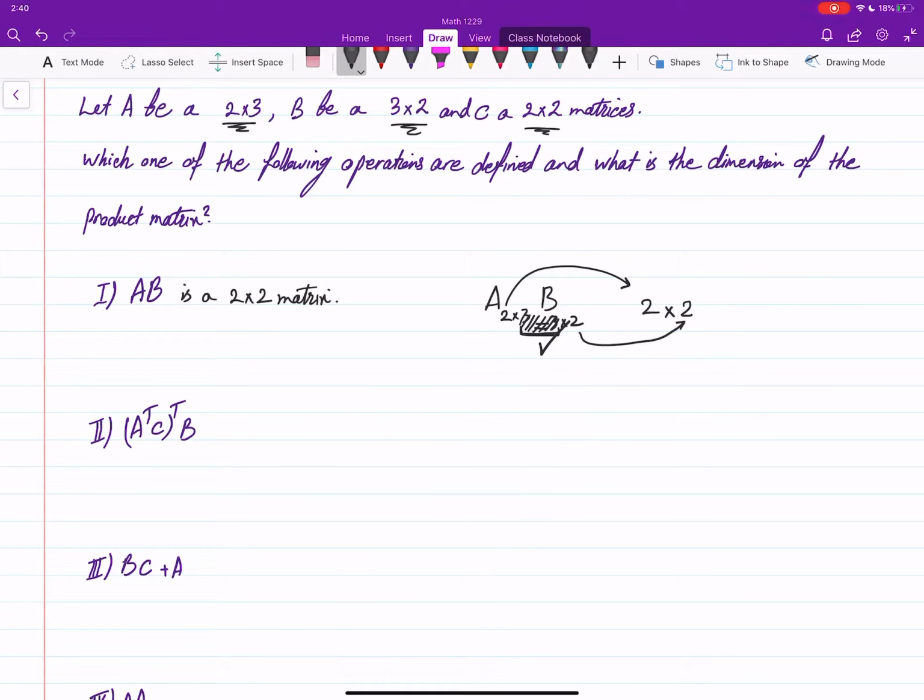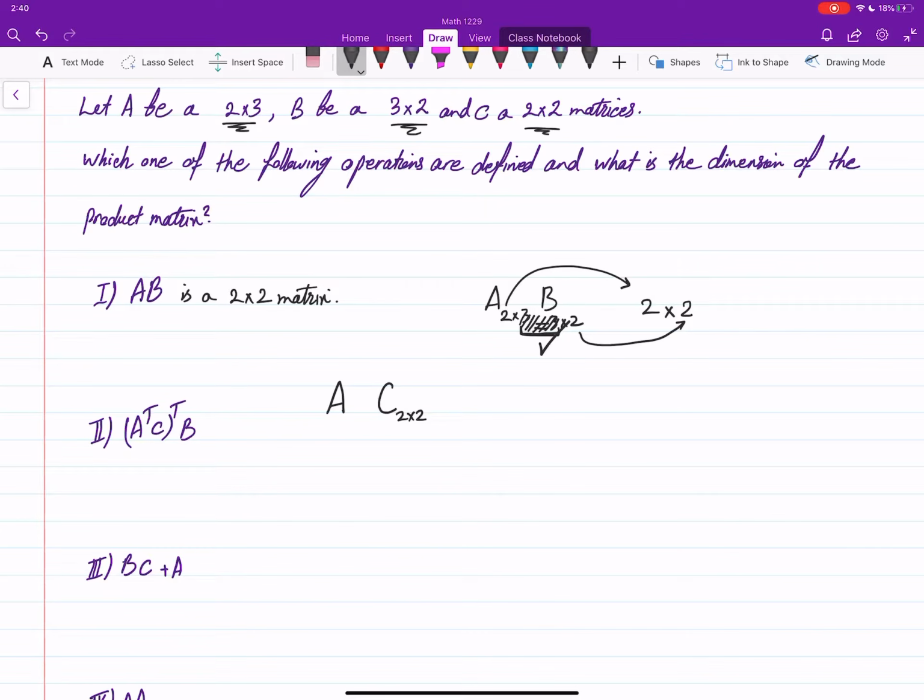How about this one? A transpose C transpose B. Wow, first we have to make sure that this part is defined. So we are trying to see if A transpose C is defined. C we know is 2 by 2.